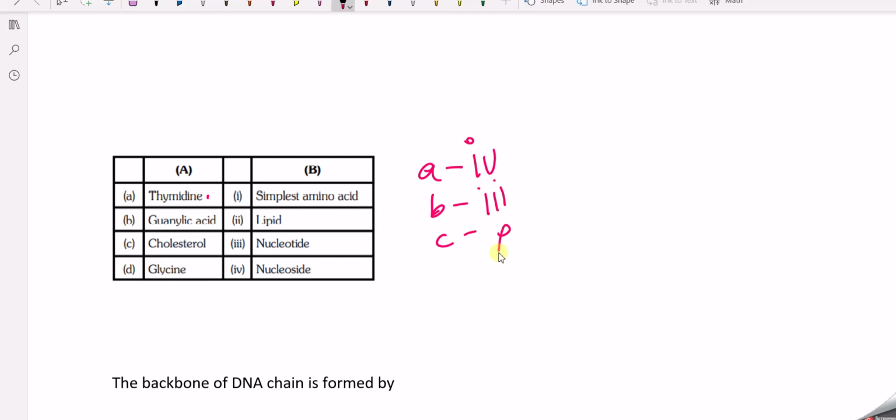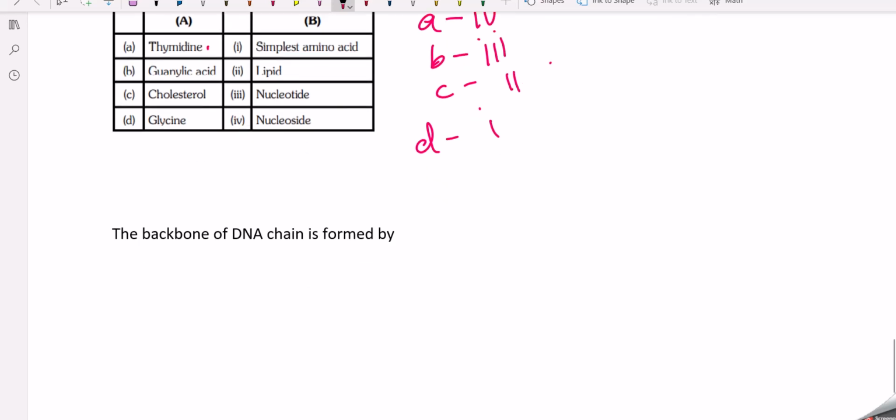Cholesterol is a lipid. Glycine is the simple amino acid. So the answer is A4, B3, C2 and D1.